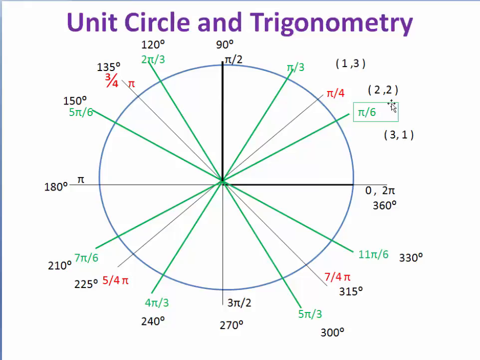So put those in like expanded brackets, and then put all those 1, 2 and 3 over 2, over 2, over 2, over 2, over 2, and then square root the top. So when we square root 1, we're just left with 1, square root of 3, square root of 2, square root of 2, square root of 3, square root of 1, which is 1. And there we've got our values for cosine, sine 60 degrees, cosine, sine 45 degrees, cosine and sine 30 degrees.